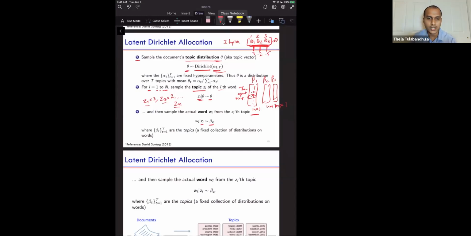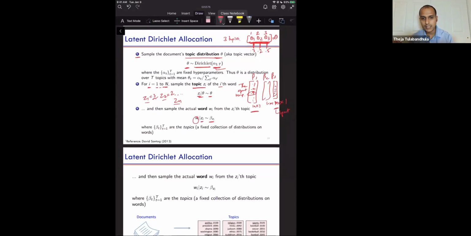If the first word is from topic 3, and topic 3 is sport, then I can draw a word from the vocabulary. In beta 3, the probabilities will be such that the sport words have higher probability of occurrence. That way I pick word 1, and that way I pick all the n words. That collection of words has no particular ordering between the words, and therefore they don't make any grammatical sense. That's how you generate a document using LDA.